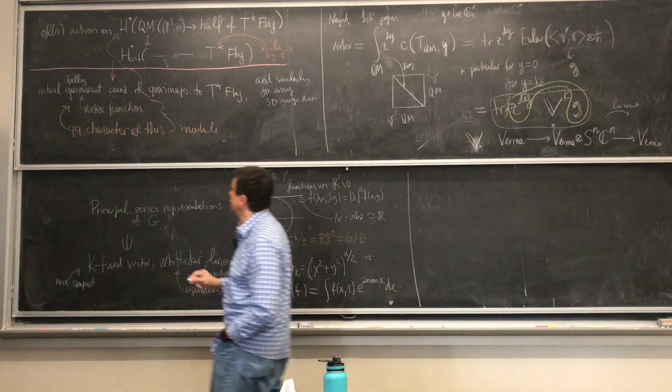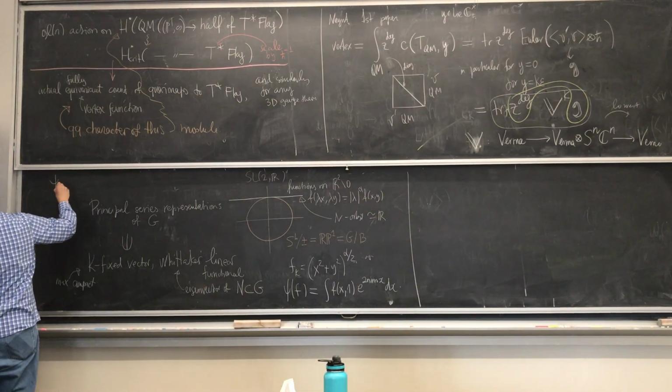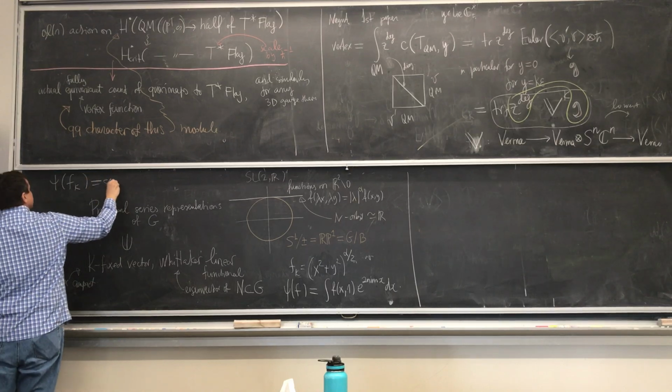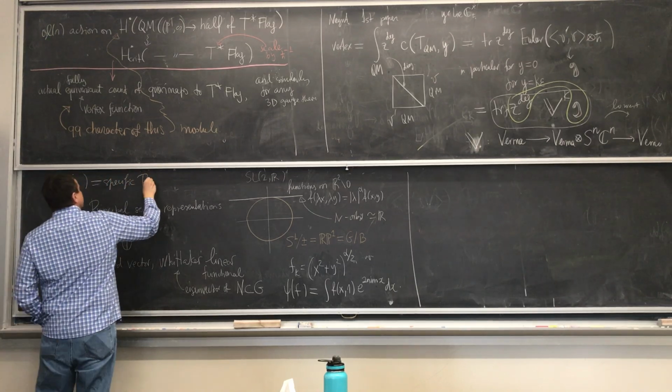Maybe you take psi of f_K, the specific tau eigenfunction.